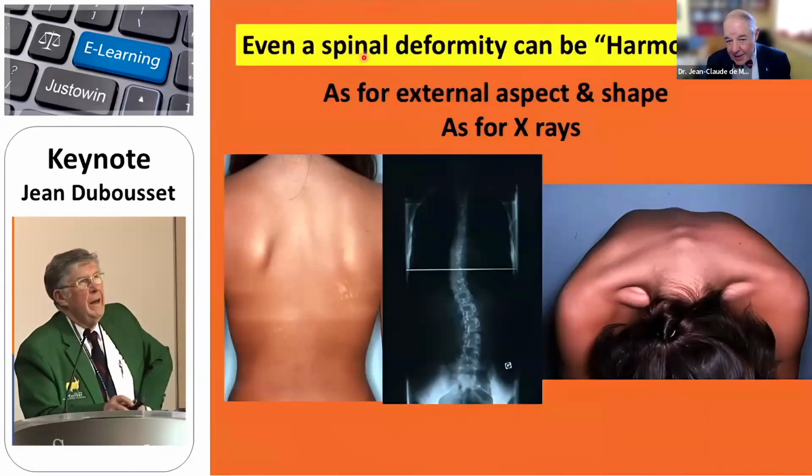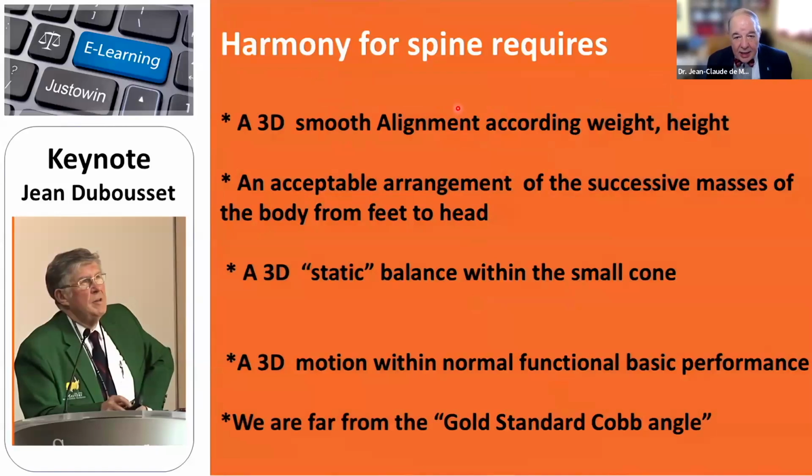Even a spinal deformity can be harmonious. So a double curve is more stable in adult life than a single curve. For harmony of the spine, you need a 3D smooth alignment, an acceptable arrangement of the successive masses of the body, a 3D static balance, a 3D motion.